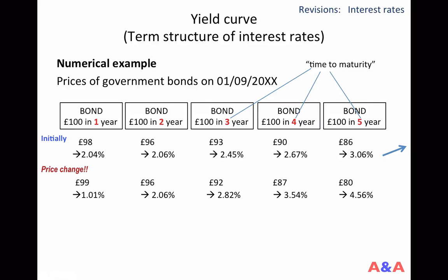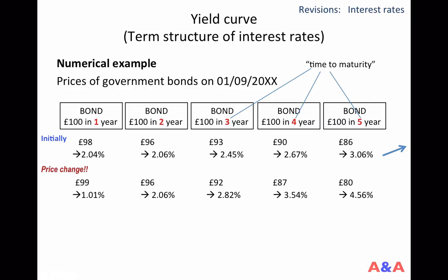Now, the annual interest rate implied by the price of the 1-year bond is lower than the previous one. The annual interest rate implied by the price of the 5-year bond is much higher than the previous level. Here, it is good to remember what we learned in a previous class about the relation between the bond price and the implied interest rate.